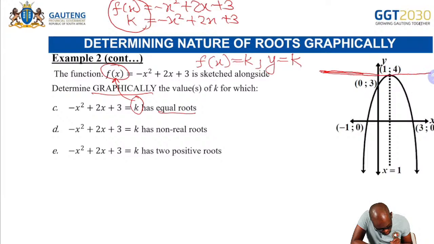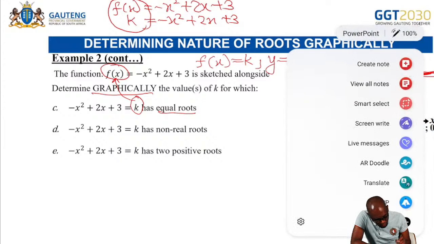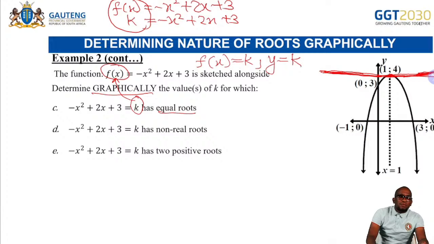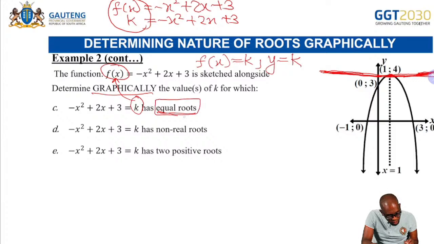If you put it there at the turning point, you can see that it intersects the graph only once at that turning point. So that's what you are looking for, because that's where you have equal roots.